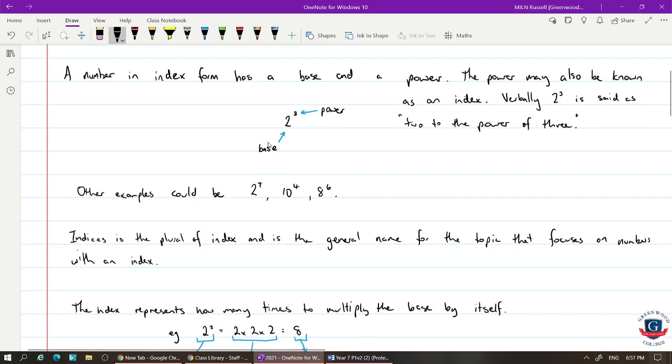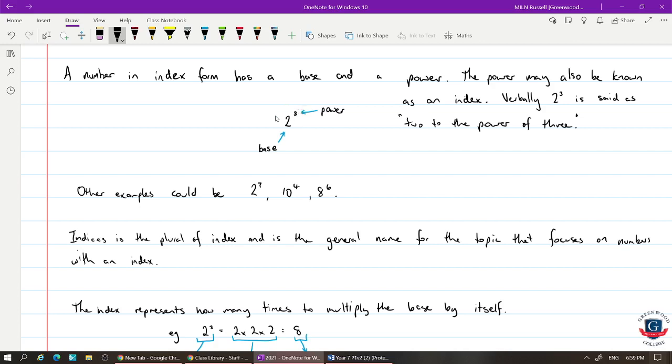A number in index form has a base and a power. So here we have a number in index form. The 2 is the base, the 3 is the power. The 3 might also be known as an index, or indices.